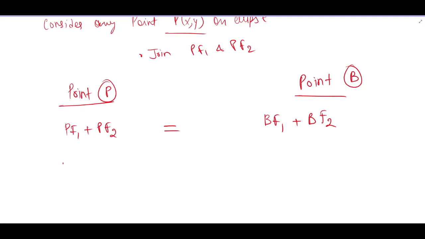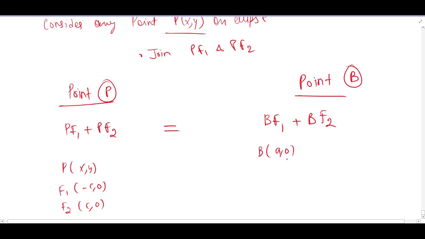We know the coordinates of point P are x comma y, F1 is minus c comma 0, F2 is c comma 0, and the coordinates of point B are a comma 0.